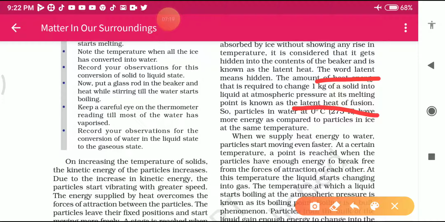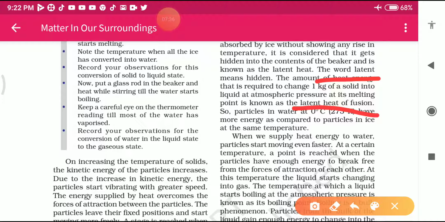Fusion means melting. We need a temperature that can change 1 kg of a solid into a liquid at atmospheric pressure at its melting point. Then we can say that it's the latent heat of fusion.